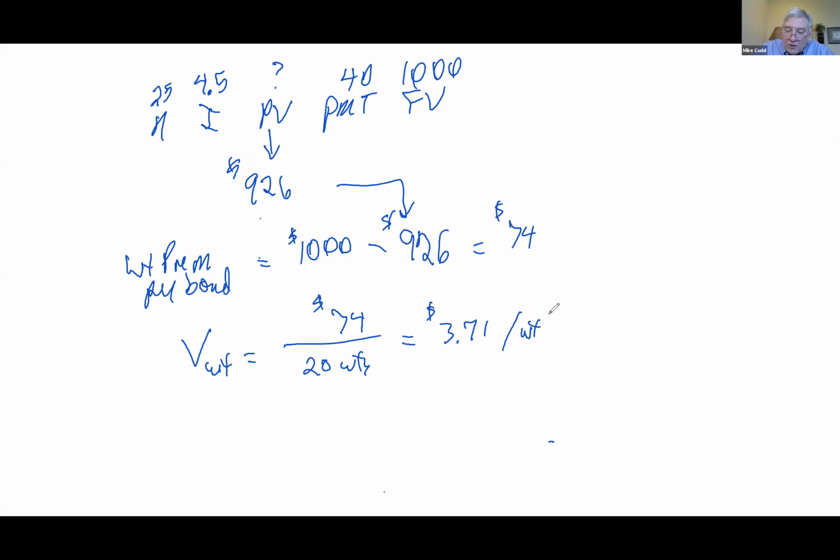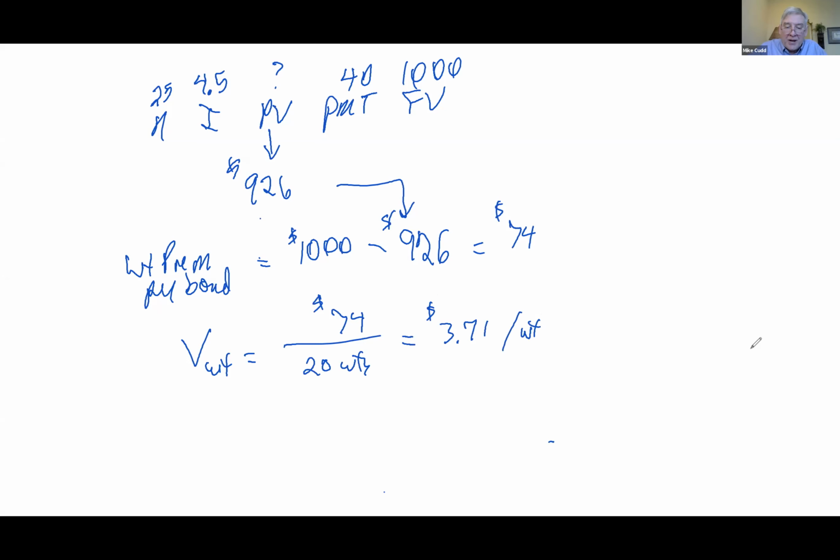That's the initial value of the warrant, implied by the fact that the bonds can sell with the warrants at $1,000, and would sell for $926 without them.